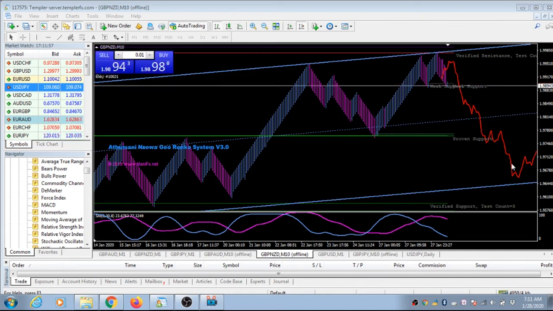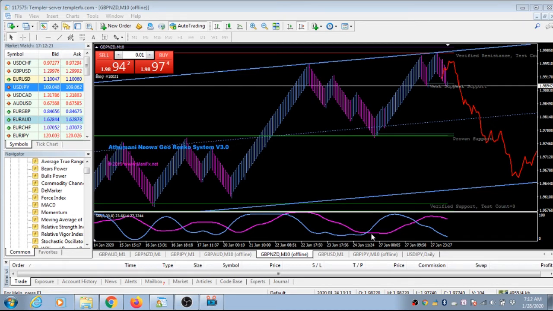The first one is that it is difficult for other systems to know the entry point. Using my Geo Renko system, the entry point is the intersection point. Once the intersection occurs, if the pink line is above the blue line, you sell. If the blue line is on top of the pink line, you buy. As simple as that. That is the entry.